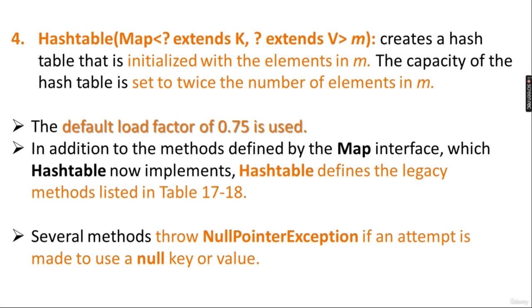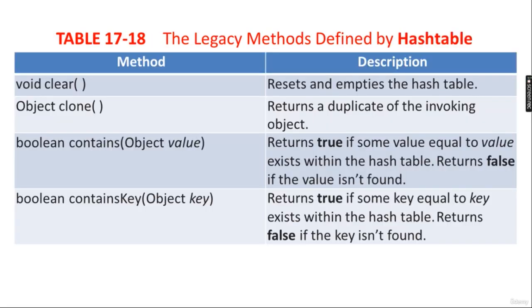In addition to the methods defined by the Map interface, which Hashtable now implements, Hashtable defines the legacy methods. Several methods throw NullPointerException if an attempt is made to use a null key or value. The legacy methods by Hashtable: void clear() resets and empties the hash table.